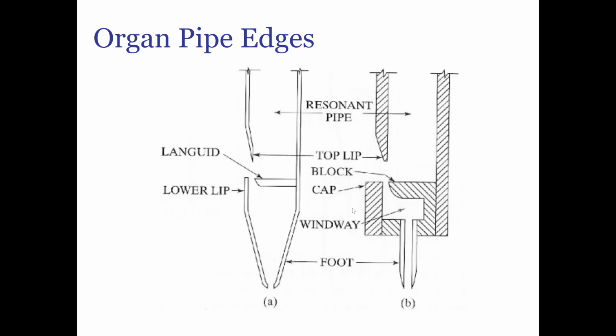This is the same type of mechanism. Air comes in, gets directed toward not quite as sharp a knife edge, but still creates the turbulence here where the airflow hits this and gets split. And then we get our resonance with the pipe.